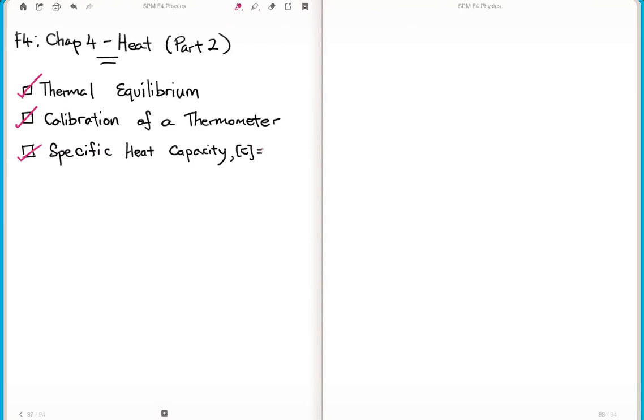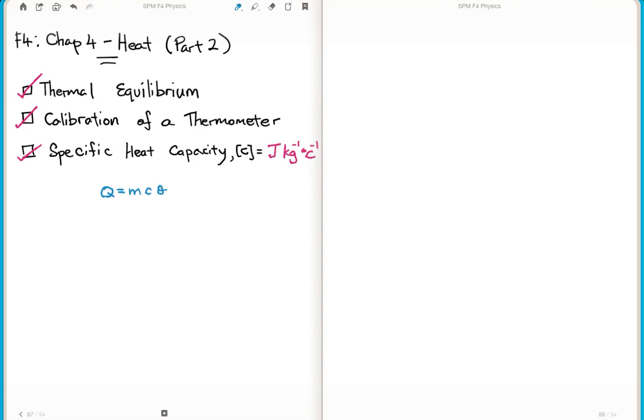Then specific heat by definition. What's specific heat? Specific heat is the amount of energy, measured in joules, required to increase the temperature of 1 kg by 1 degree C. So that's the definition. Okay, so this is what we have gone through in the past, and from this unit, you were able to get an equation where the energy Q is equal to mc theta.